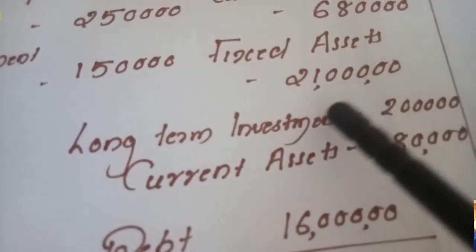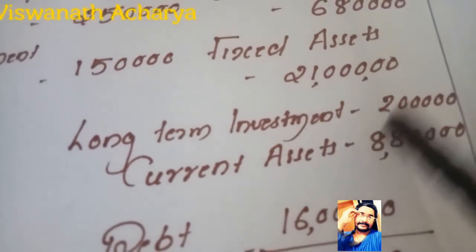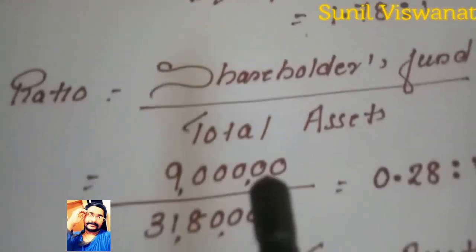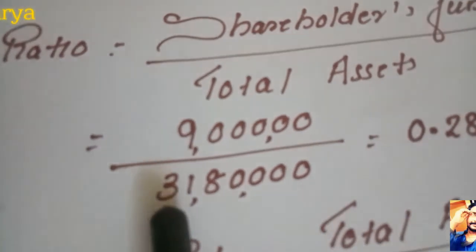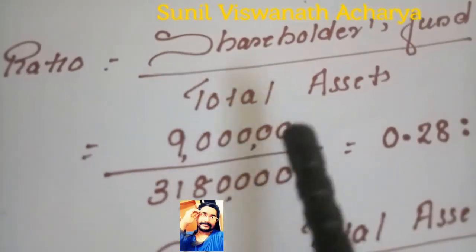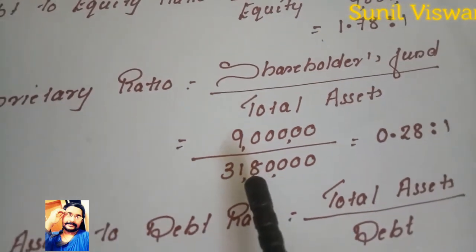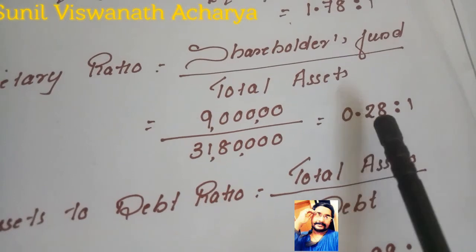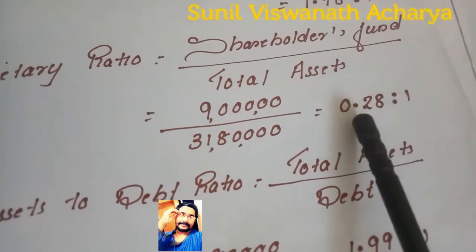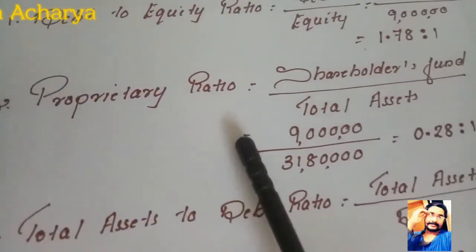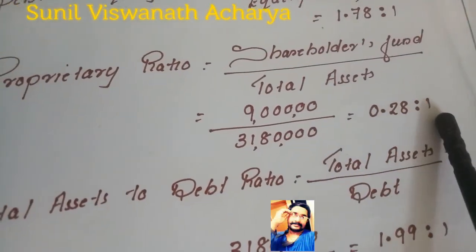So when you add that three, the total asset will come to 31 lakh 80,000. So shareholders fund 9 lakhs divided by total assets 31 lakh 80,000, we will get 0.28. So proprietary ratio is 0.28 is to 1.